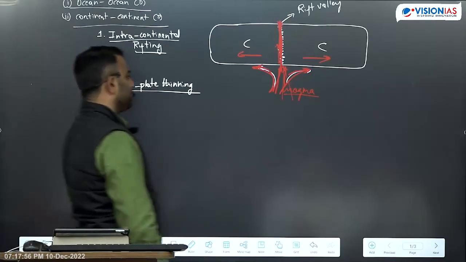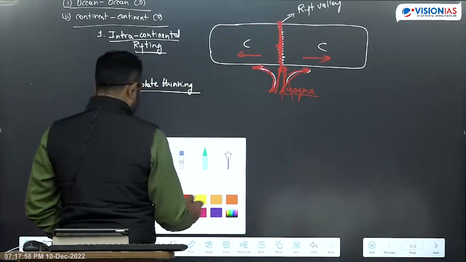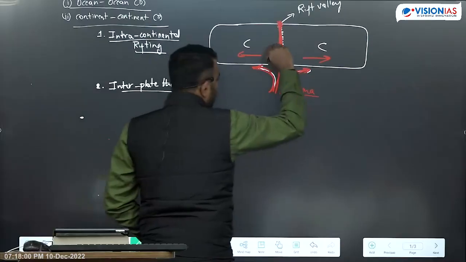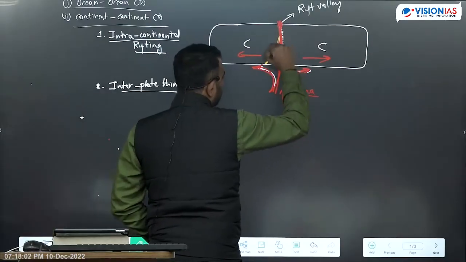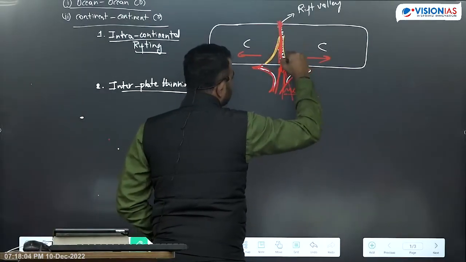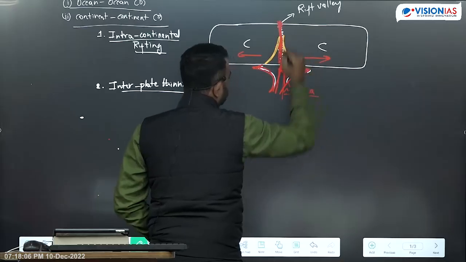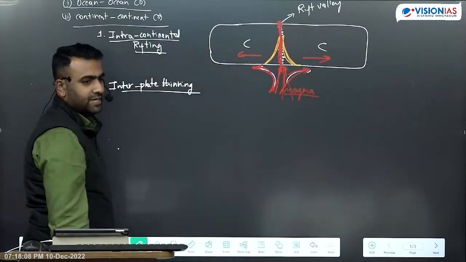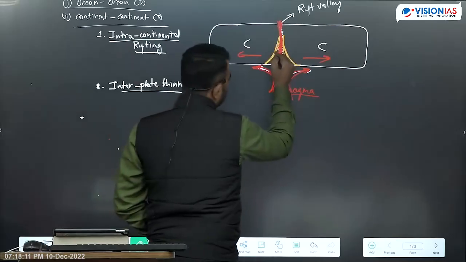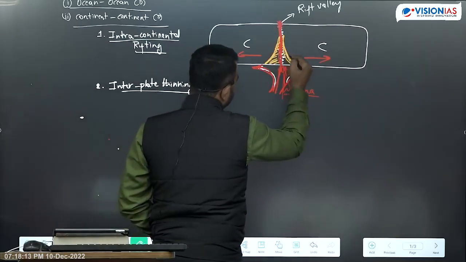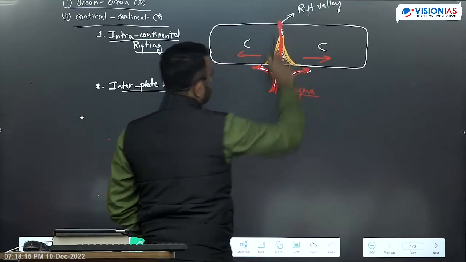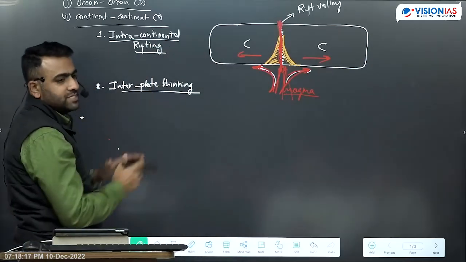Why? You can see here the rising magma gradually starts to melt both the sides of the continental crust. It will keep melting from the sides because large scale magma is rising, right? It will start to make the continental crust thin along the edges.